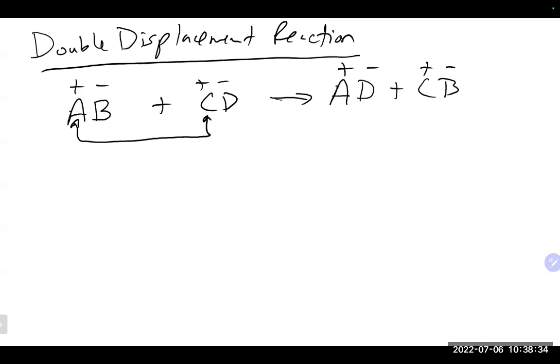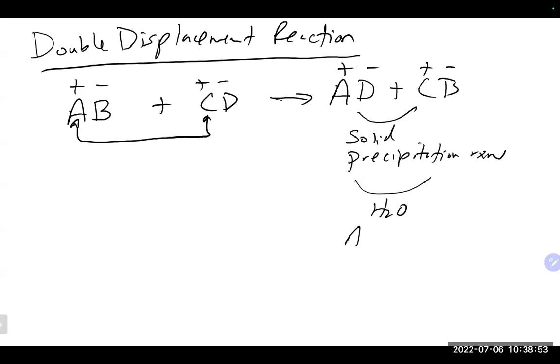Now, in certain cases, like we just saw, one of these will perhaps make a solid, which gives you what is known as a precipitation reaction. In other cases, maybe these make water, which is typically what happens in an acid-base reaction.